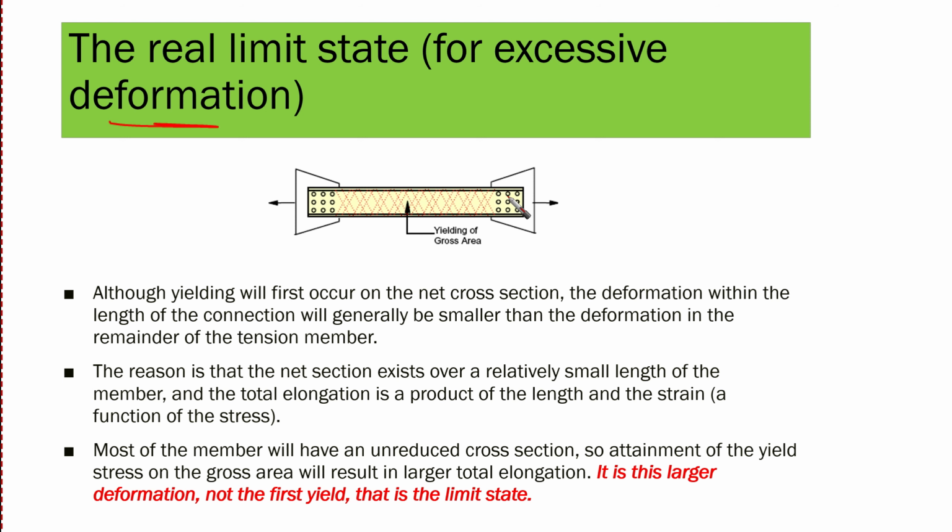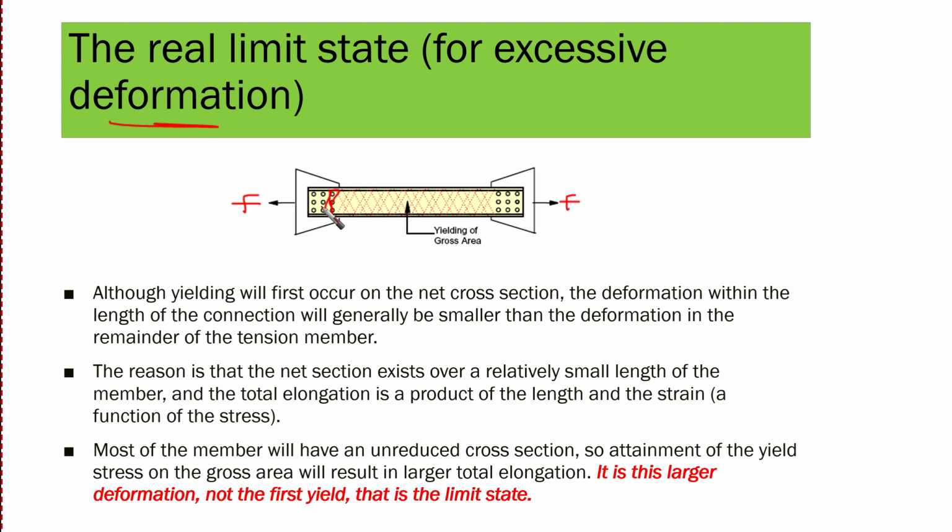That's very true, because maybe you are going to ask, if we are putting the tensile forces here and you are checking the yielding of the gross section, definitely yielding will occur here at the net area before the gross section reaches yielding. That's right, because here we have less cross-sectional area. Here we have the gross area, right? So definitely yield would occur here before here.